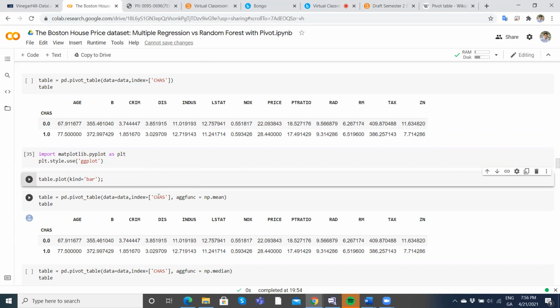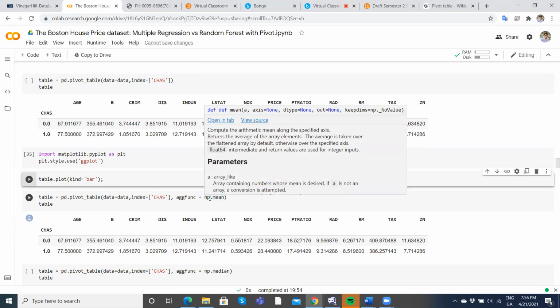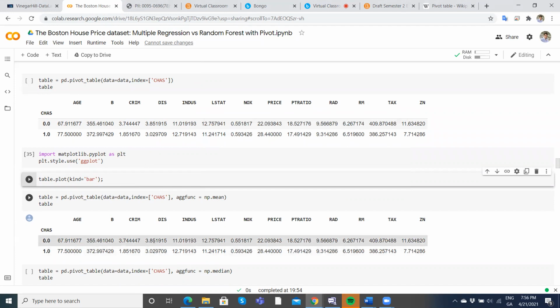You either live on the Charles River or you don't. And then just get the mean value. NP is NumPy, so we're using NumPy to estimate the mean for the 506 rows, but based on whether they're on the Charles River or not. Okay, now it's the same. So even though I haven't made explicit np.mean, it is the mean.